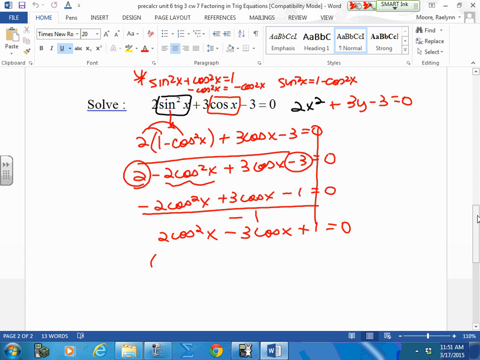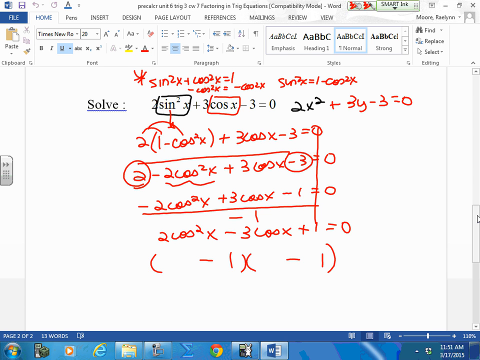Okay? So we're going to factor like this. 1 only goes 1 and 1. Look at your signs. What do they both have to be? I need to multiply and get a positive. I need to add and get a negative. Negative. So that's exactly the same.